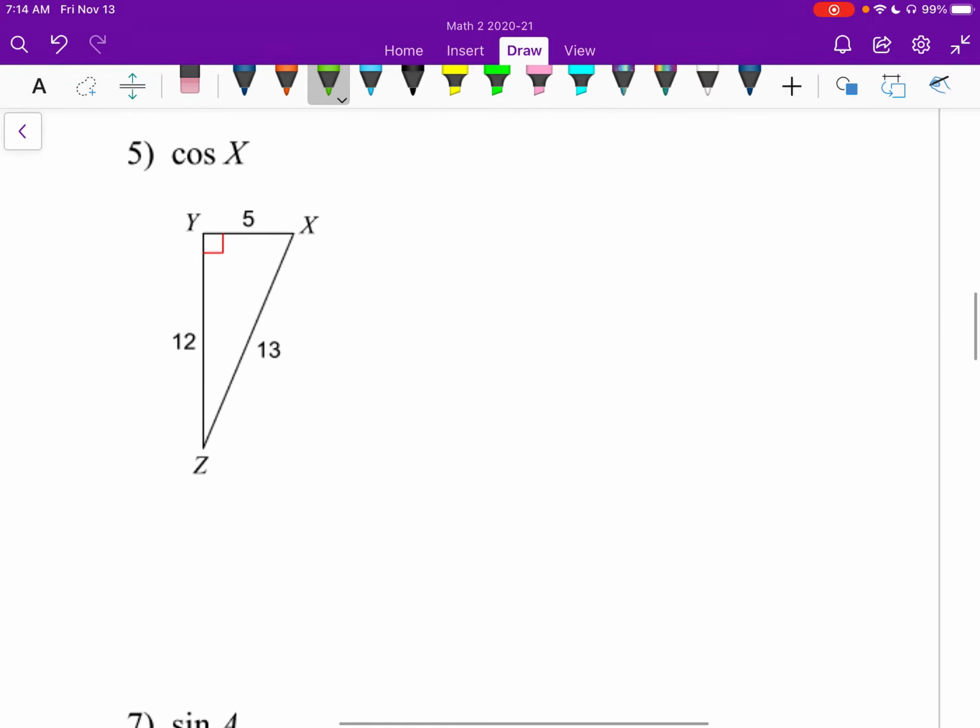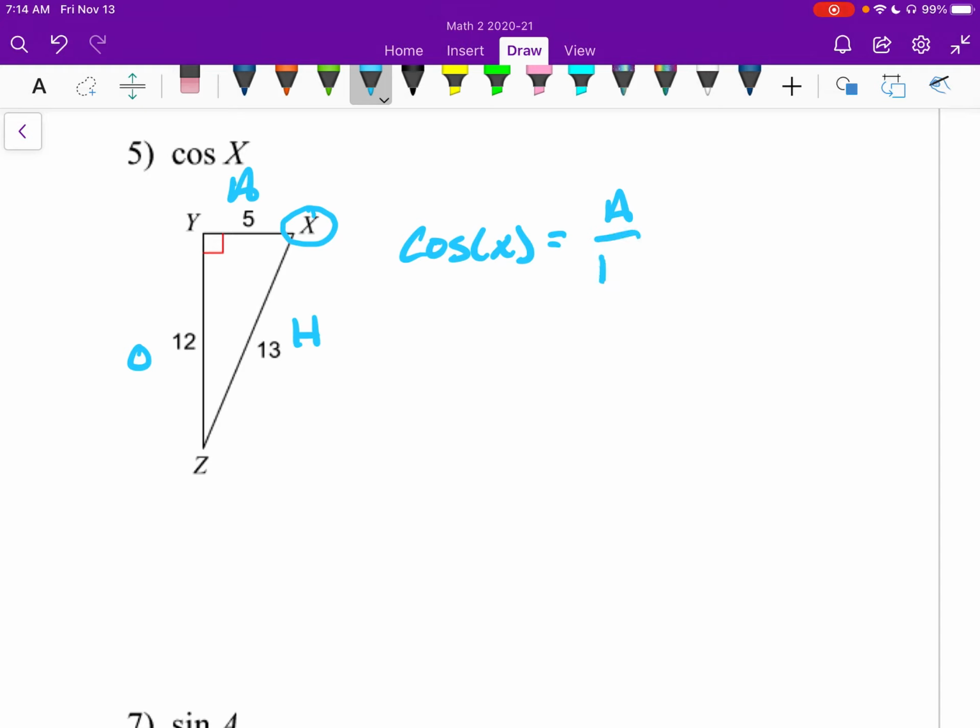Number 5, cosine of x. So I'm going to orient myself about x. Here's my adjacent, my opposite, and my hypotenuse. Cosine of x is adjacent over hypotenuse, so 5 over 13.